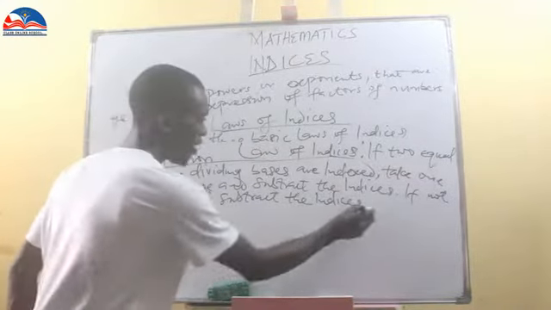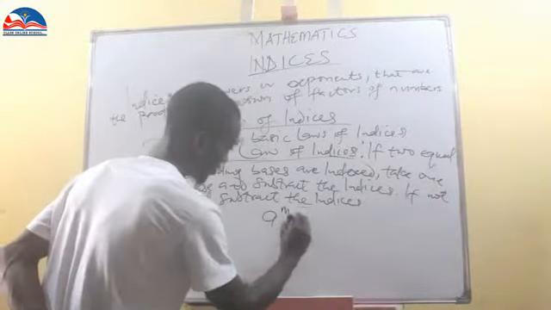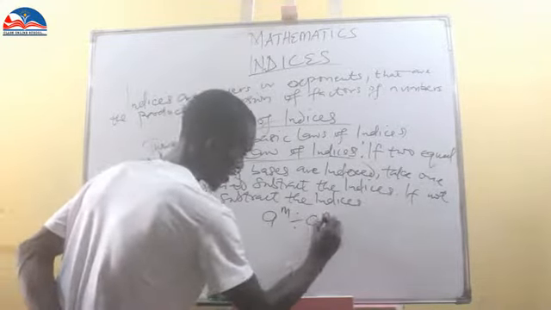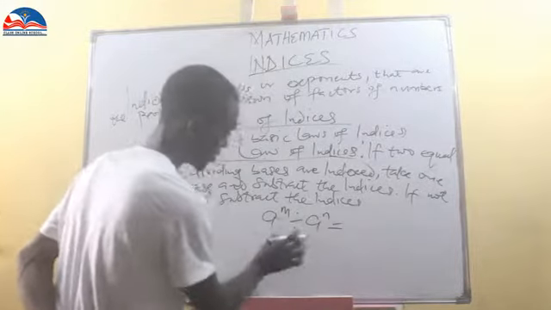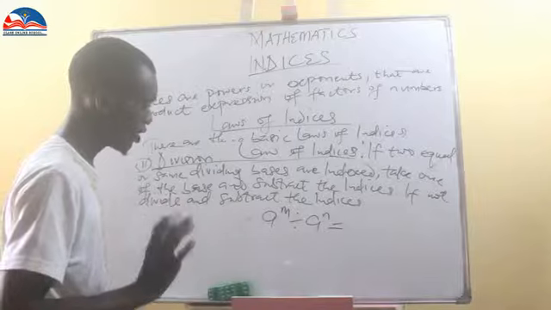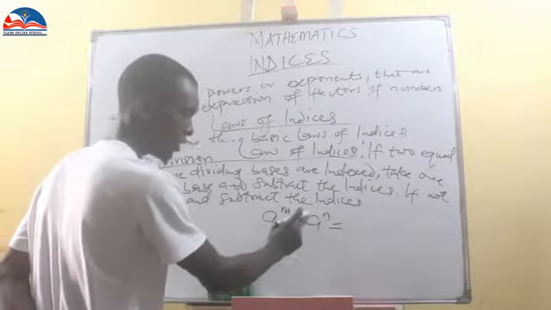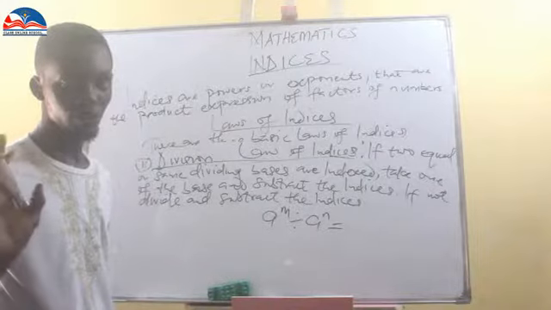Now, if you have A index m, as I said, divided by A index n, since the two bases are the same, or they are equal. If I have A index m divided by B index n, they are not equal.